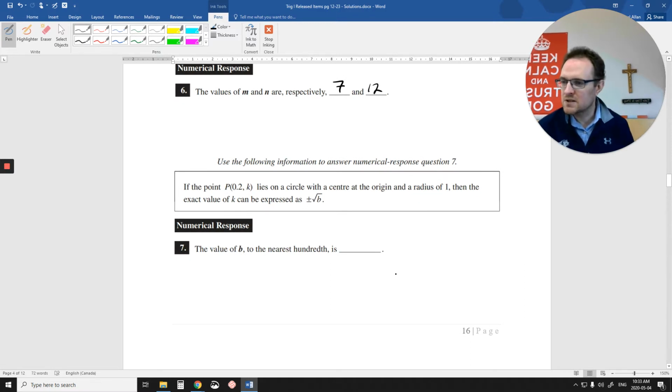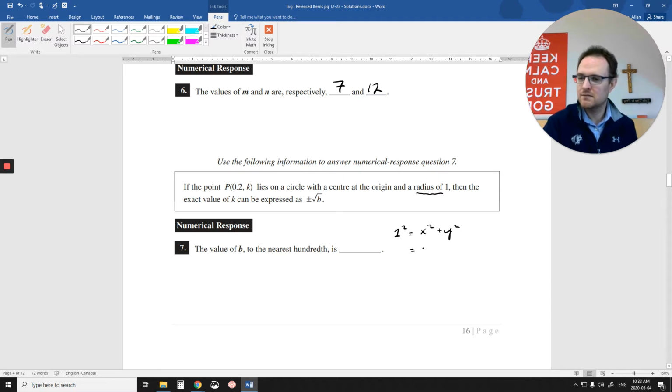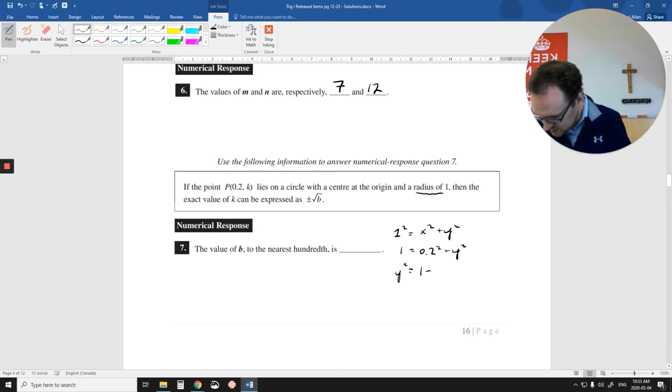Okay, so what we know about this point, it lands on the unit circle, because it has a radius of 1. So let's just do the math on this. I'm going to have 1 squared is equal to x squared plus y squared. That's the formula. We have the x of 0.2 squared. 1 squared is just 1. So y squared is 1 minus 0.2 squared, which is 0.04.